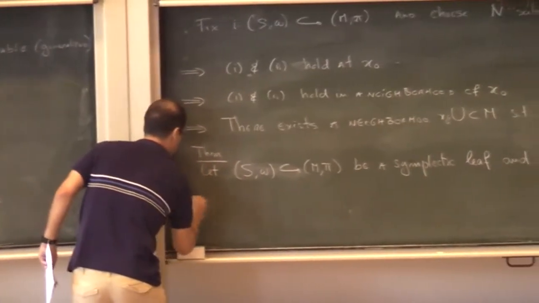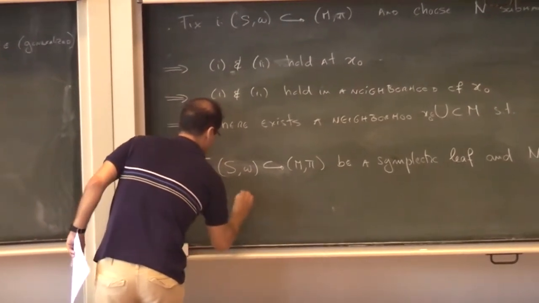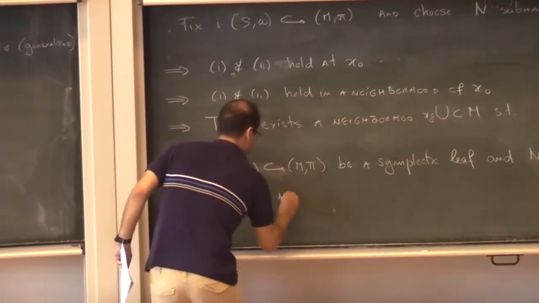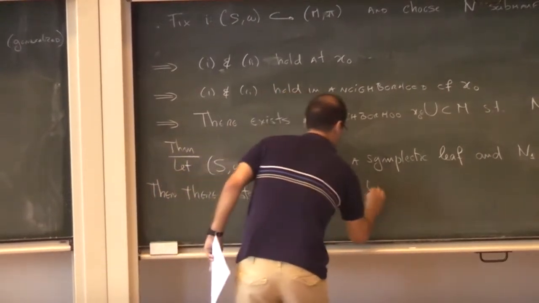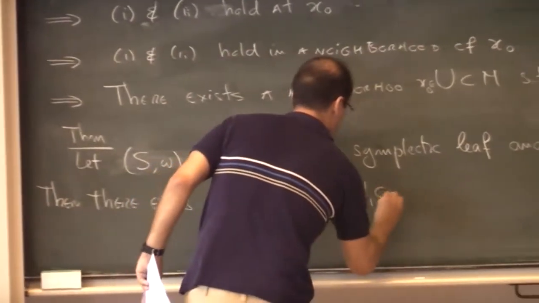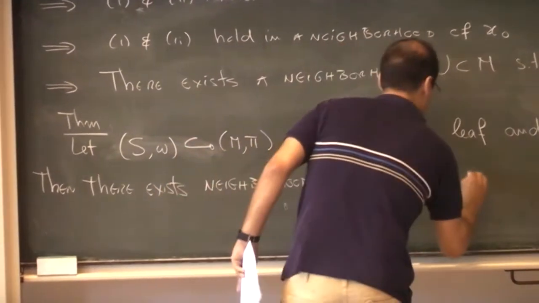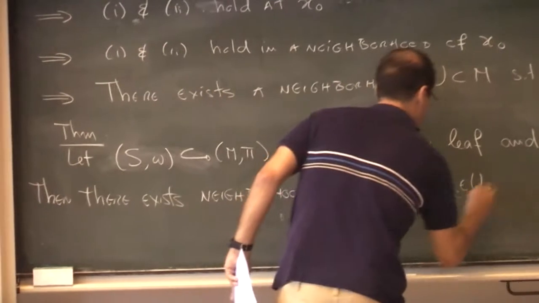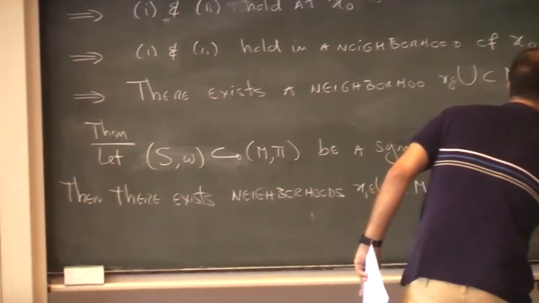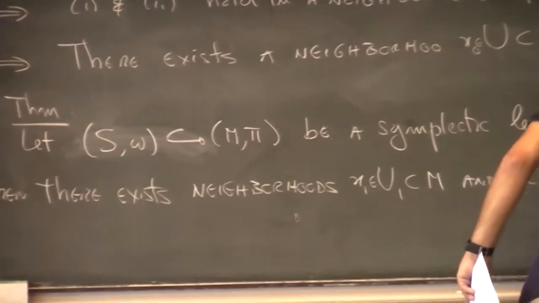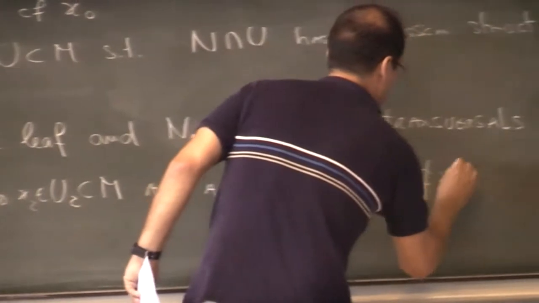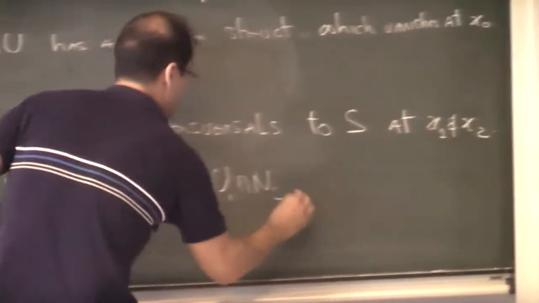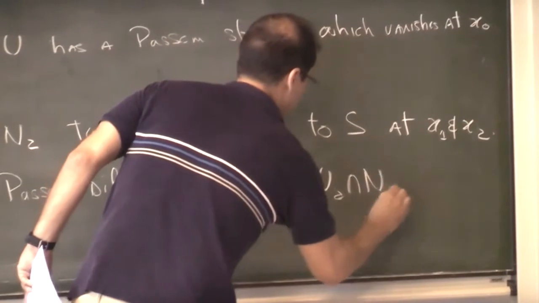So the proposition says that you can find neighborhoods U1 of x1 and U2 of x2 and a Poisson diffeomorphism phi from U1 intersected with N1 to U2 intersected with N2.